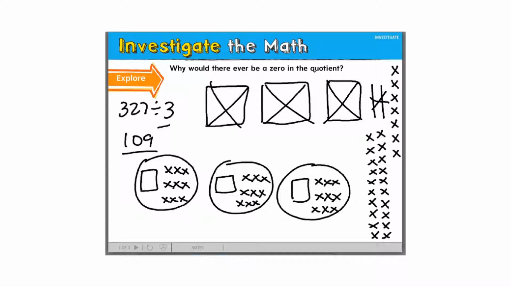And then there's 9 1s in each circle. So you're doing the same thing when you're doing the standard algorithm, because basically when I bring a number down, I'm saying it's not enough. So when I went to distribute the tens, I said it's not enough, right? That's what I did when I was doing this way too. So when it's not enough, that's when you have a 0 as part of your quotient.